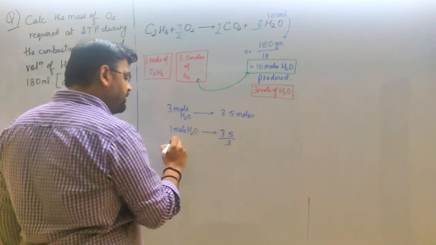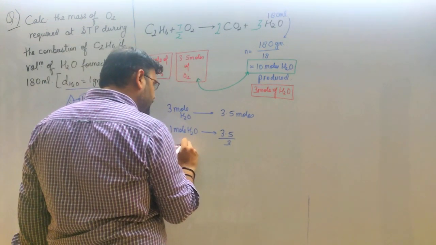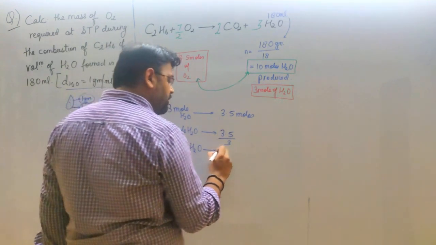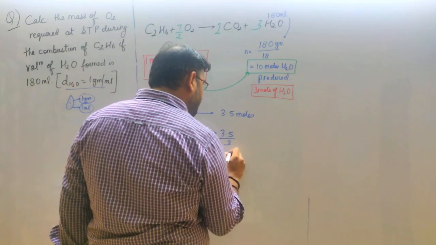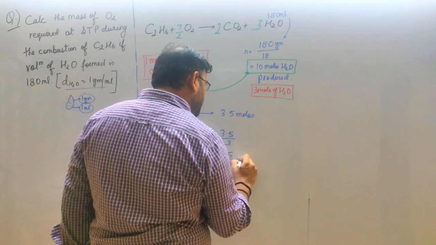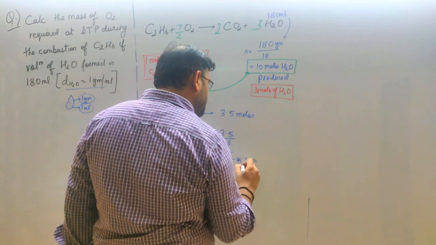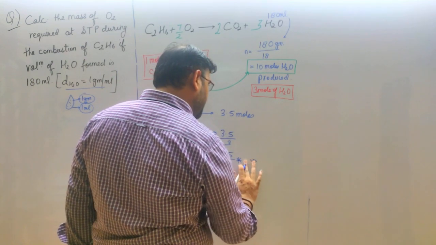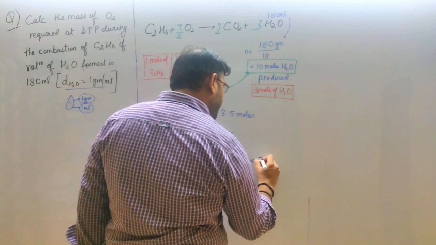We have to find for 10 moles of H2O, so whatever is for 1 we multiply by that many times. So 3.5 by 3 into 10. So 35 by 3.